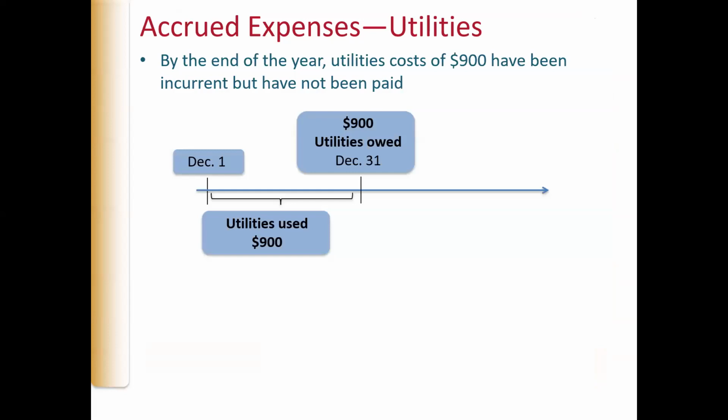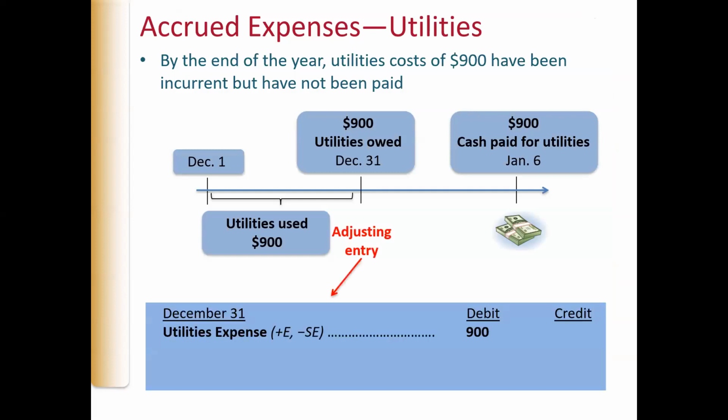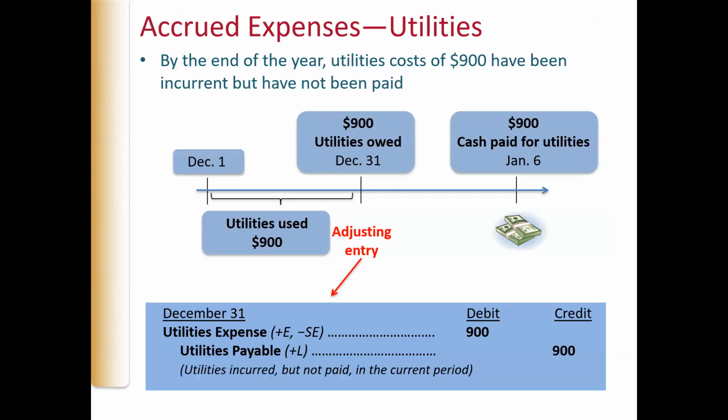More utilities. Utility costs of $900 have been incurred but not yet paid. So we need to show that utilities expense of $900 and a utilities payable of $900.